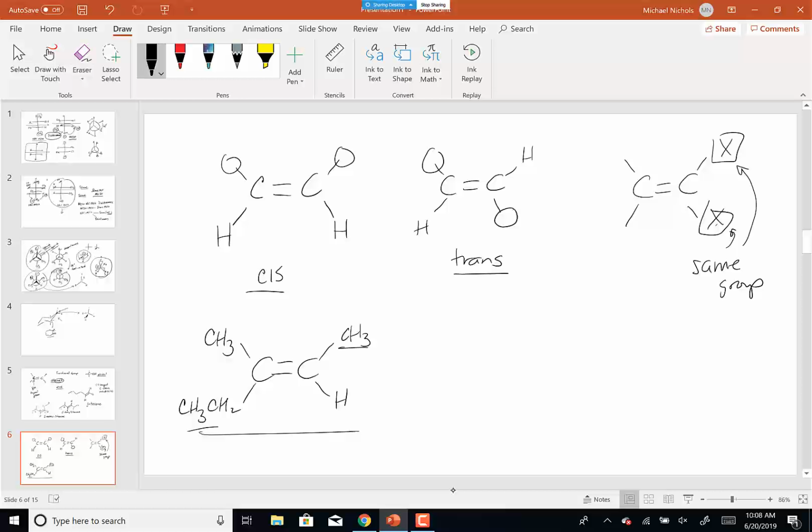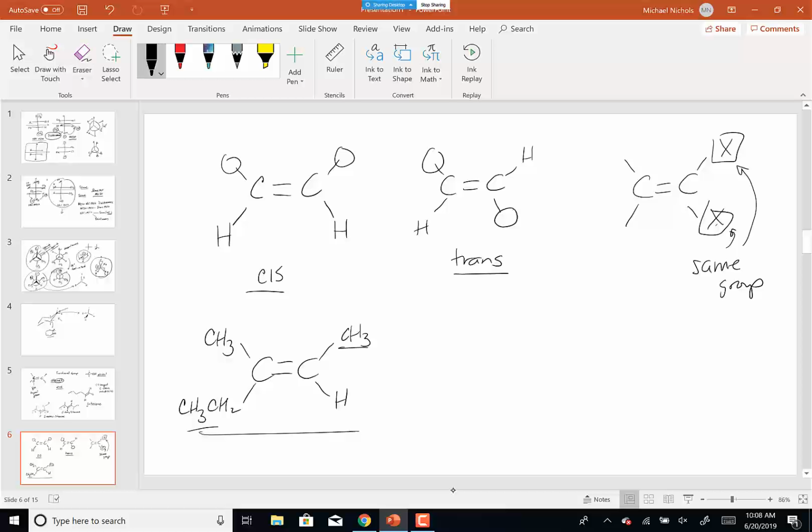So again, the IUPAC people, they're like, how do we come up with a scheme that every person will name the same if they follow our rules? And so their solution was to develop, actually, I'm not sure if they developed or if they just used the existing Cahn-Ingold-Prelog sequence rules.